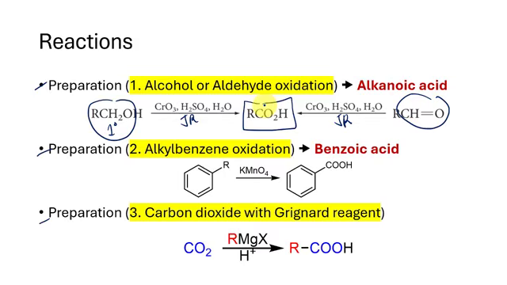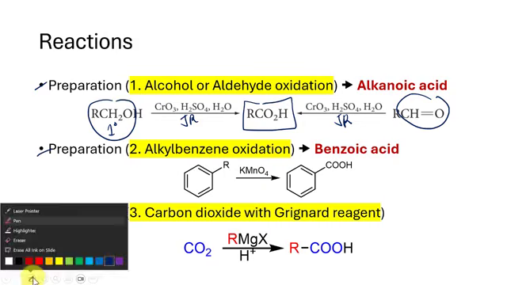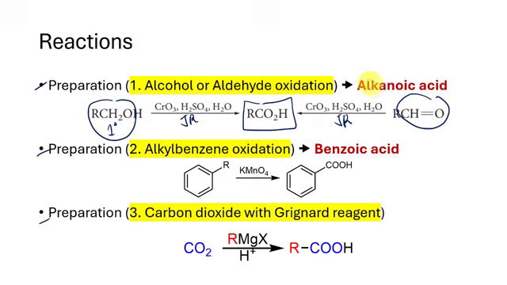Another preparation is alkyl benzene oxidation. The only difference is that if you want to prepare an alkyl carboxylic acid or alkanoic acid, you can utilize the previous oxidation. However, if you want the carboxylic acid directly bonded to a benzene carbon, you have to perform this alkyl benzene oxidation.